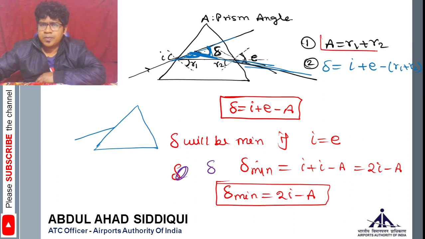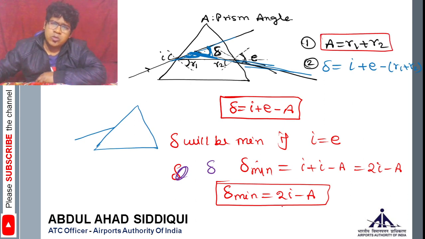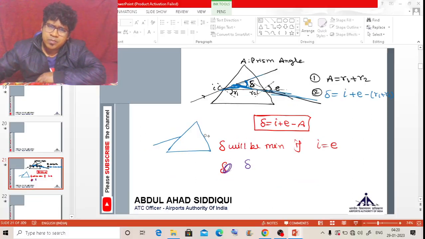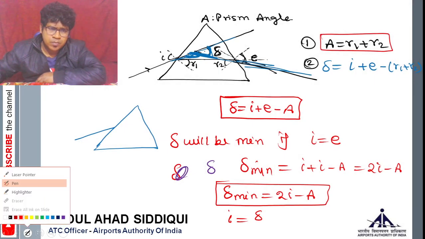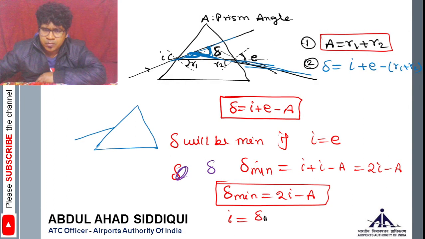From here, can you say that I is equal to A plus delta minimum upon 2, right?